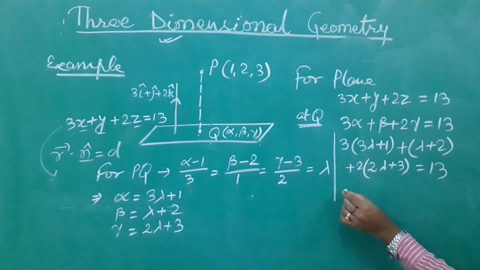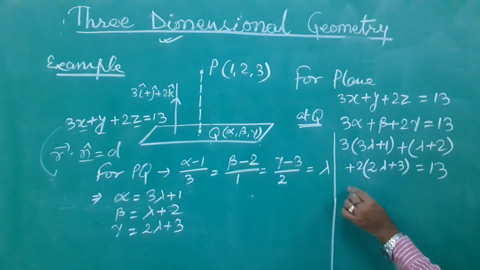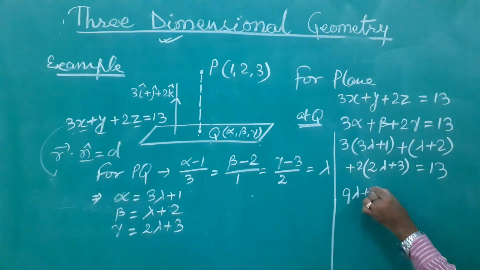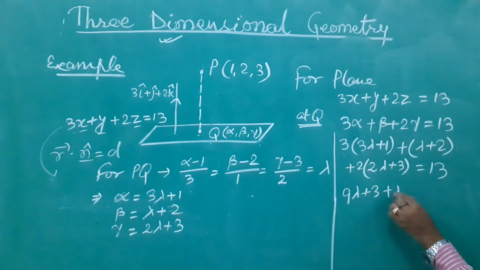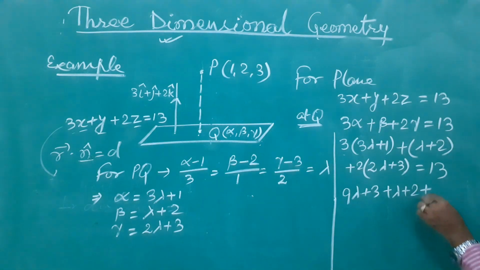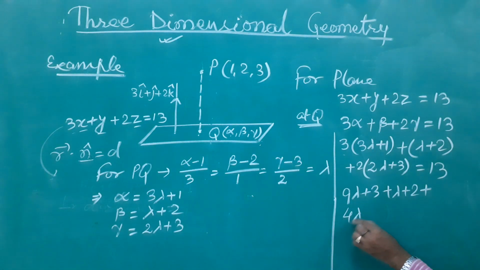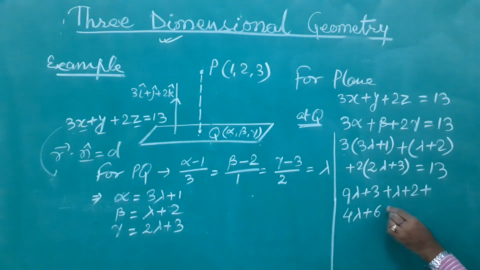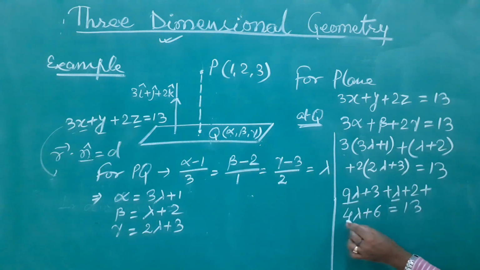9 lambda plus 3 plus lambda plus 2 plus 4 lambda plus 6 equals 30. 9, 10, 14 lambda.